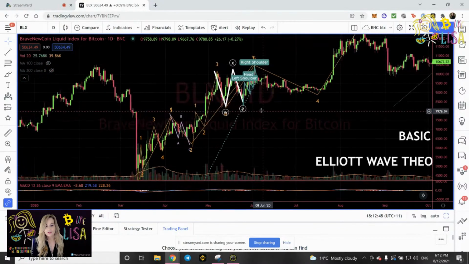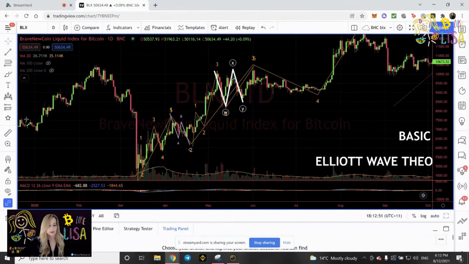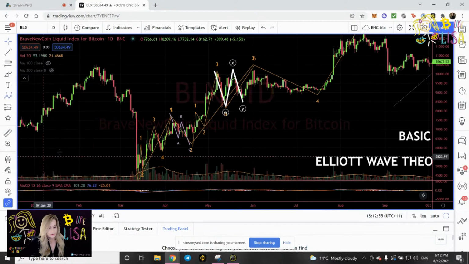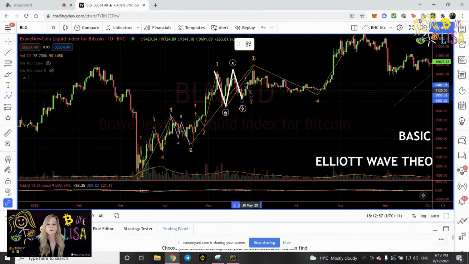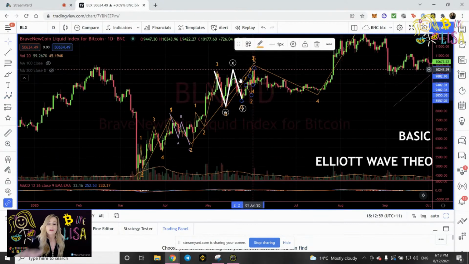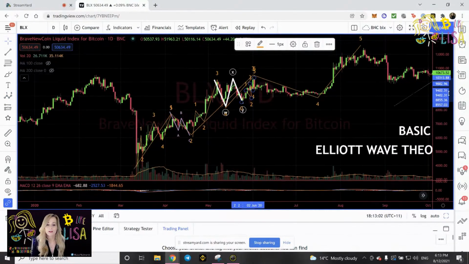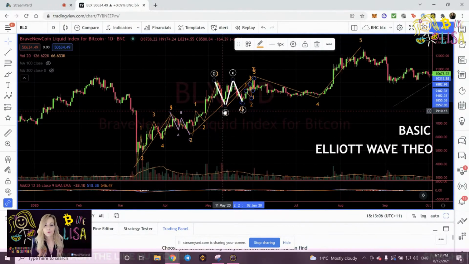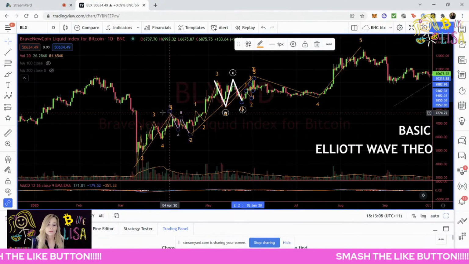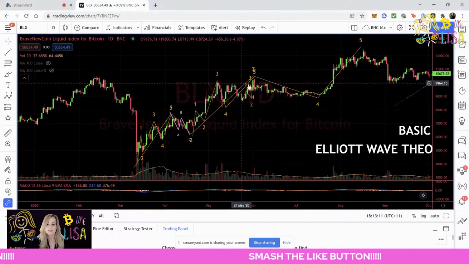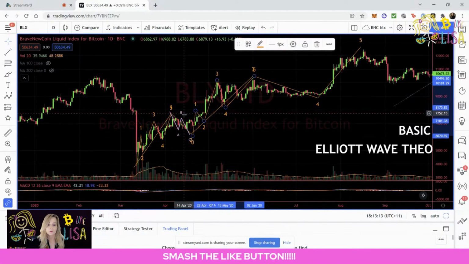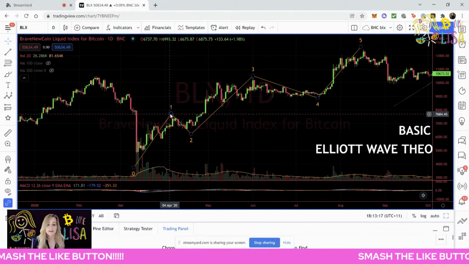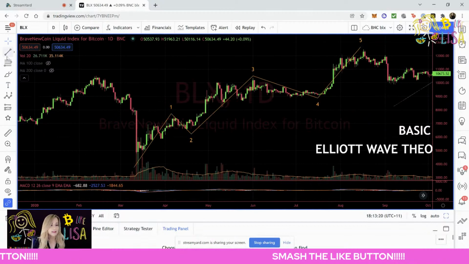As we can see, hang on, I've put the wrong thing on there. So if we go 1, 2, 3, 4, 5, 1, 2, 3, 4, 5. Now, one of the rules that we have with Elliott wave as well is that when we've got our 1 wave and our 4 wave, they cannot overlap. So if I take off all these sub waves on the major waves and we go back to our main wave pattern, we can see that our 1 and our 4 here do not overlap.